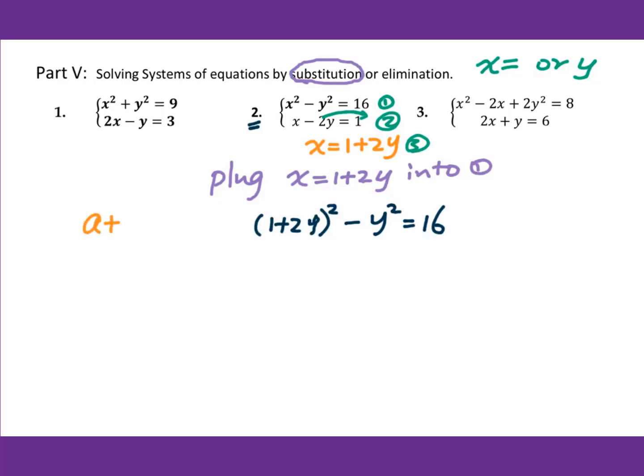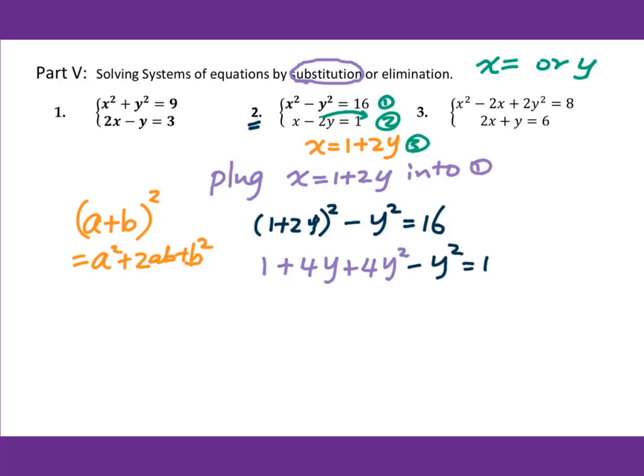For (a plus b) squared, we get a squared plus 2ab plus b squared. Now we get 1 plus 2ab, which means 4y, then plus 4y squared minus y squared equals 16. Combine like terms, we get 3y squared plus 4y plus 1 equals 16.